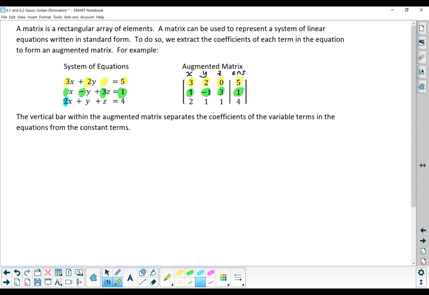And then the last equation is the last row, 2, 1, 1, and that's equal to 4. So if you have the line there, the line is like the equal sign. We can use an augmented matrix like this to find the solution to the system of equations.